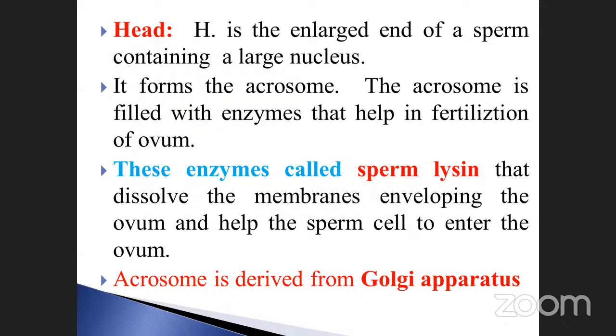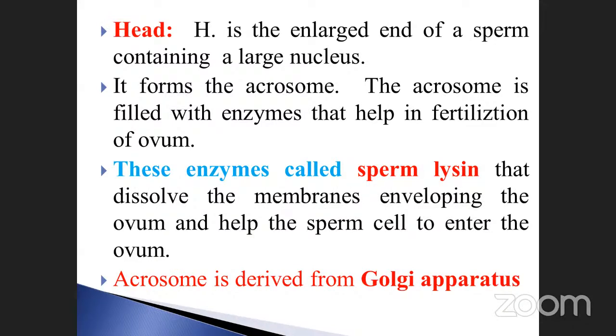They secrete some components, particularly enzymes. What is that enzyme? They ask this question: the acrosome is filled with enzymes that help in the fertilization of the ovum. These enzymes are called sperm lysins. Note it down. Sperm lysins dissolve the membranes enveloping the ovum and help the sperm cell to enter the ovum.